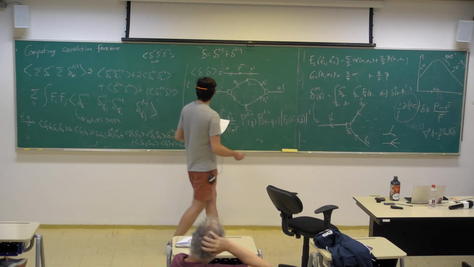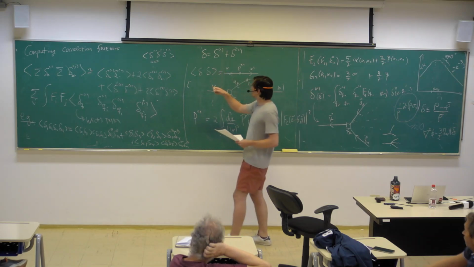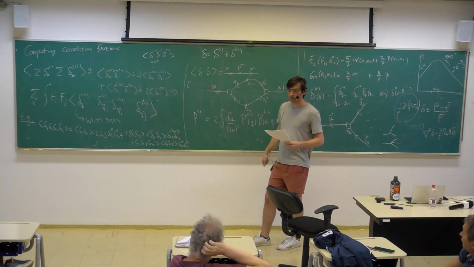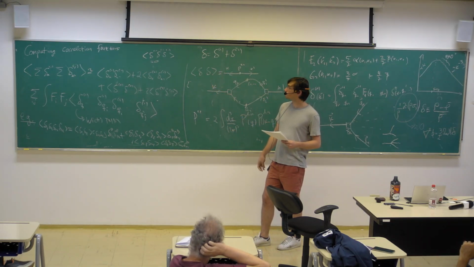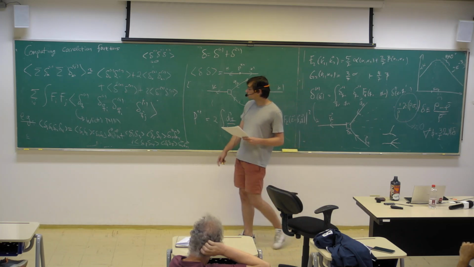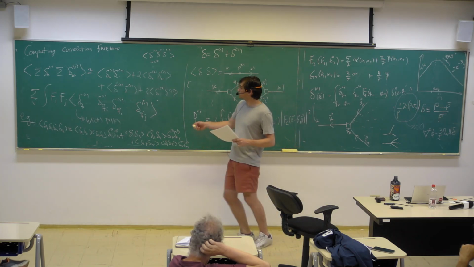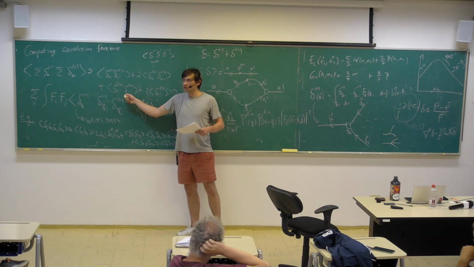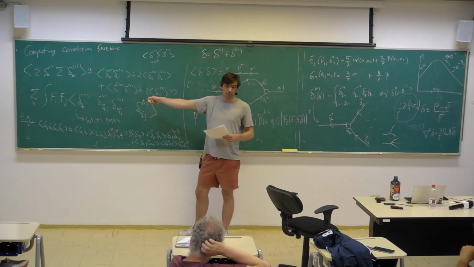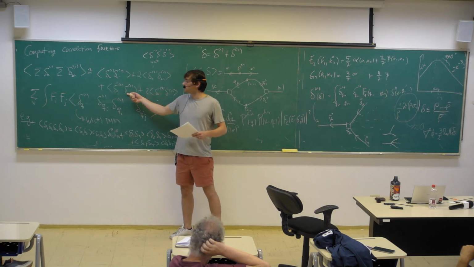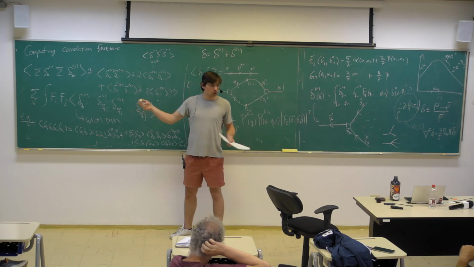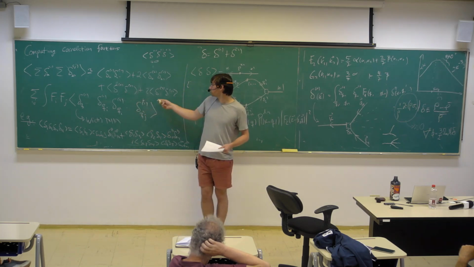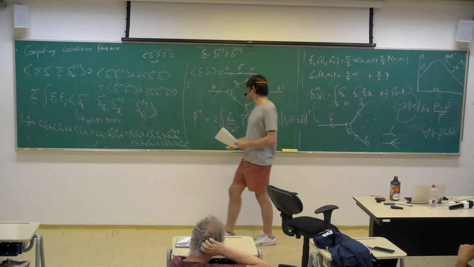The other contribution that you can do, so P12 is 0, right? And so the next contribution, so this has 2 powers of the density field. This has 2 powers of the density field. So this has 4 powers of the density field. So I'm missing one more term that has 4 powers of the density field, which is the 3 and 1 contribution.